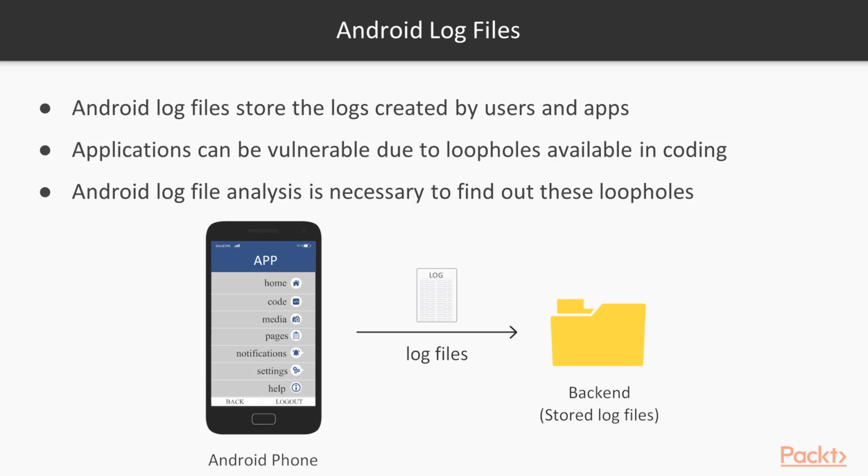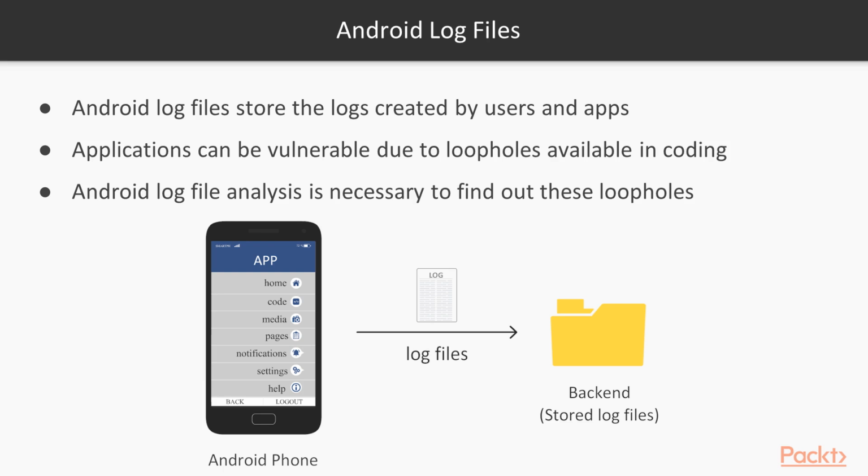Basically, this is, for example, an Android mobile phone, and this is the backend. This is the log files. So whatever apps the user opens inside the Android mobile phone and other work inside Android, it creates some logs, and the logs are saved in the backend.